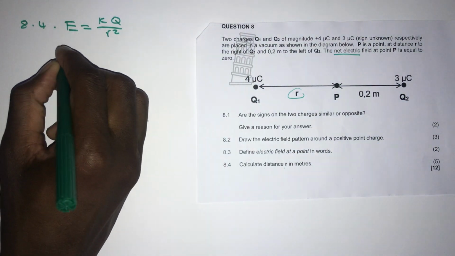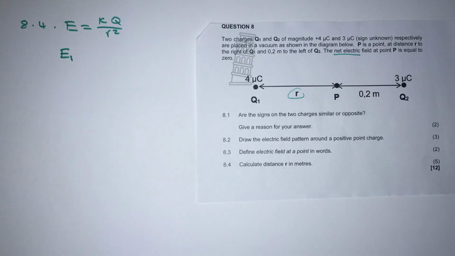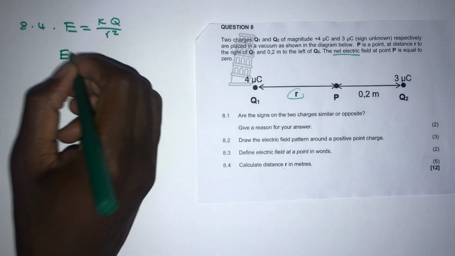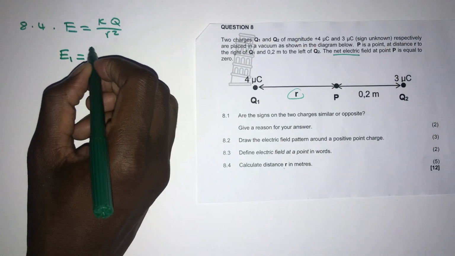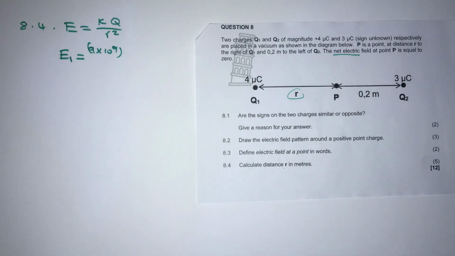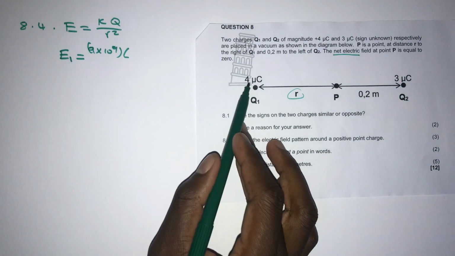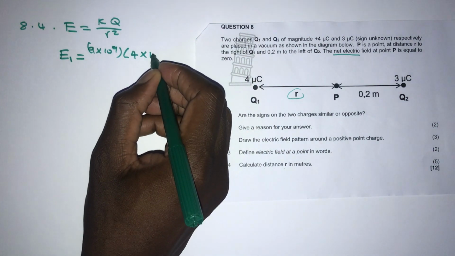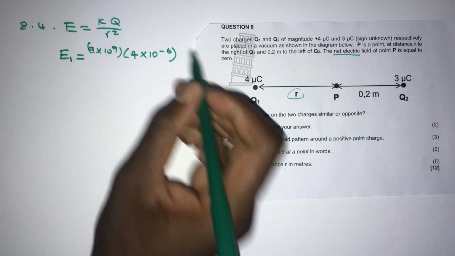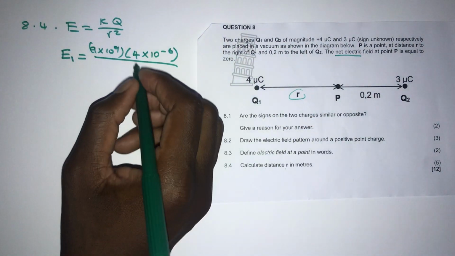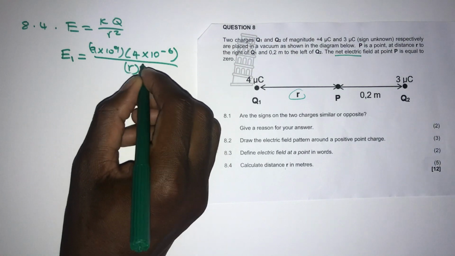So the electric field due to charge 1 is equal to K, which is 9 times 10 to the power 9, the Coulomb's constant. Then the charge here is 4, but since it's a micro, it's 4 times 10 to the power negative 6 for microcoulomb, remember? So what is the distance? The distance is r squared.